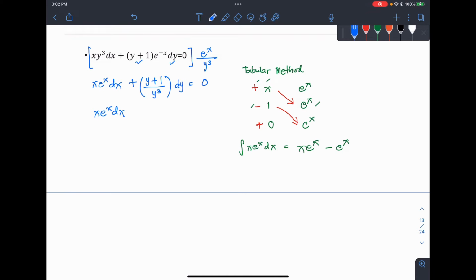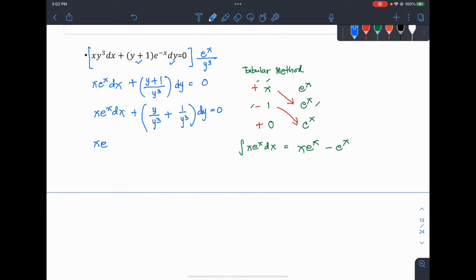So if that is the case, since there's only one term at the denominator, this can be separated as y all over y cubed, plus 1 over y cubed, dy, is equal to 0.